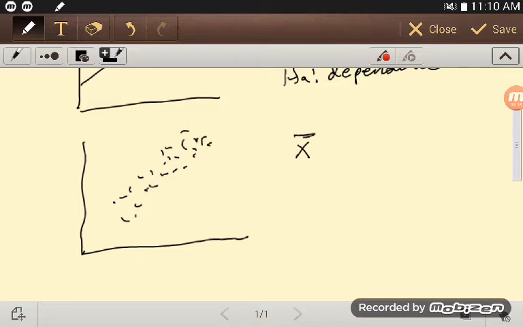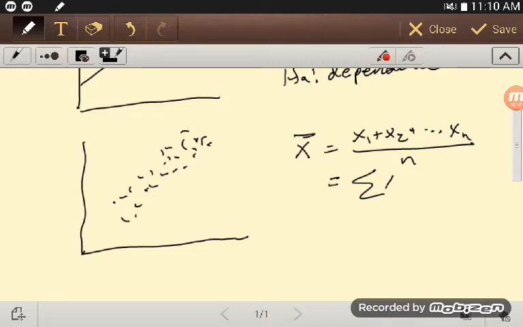So that's going to be x1 plus x2 plus up to xn for how many I have, divided by n. Or another way to write that is to use a summation. That's an uppercase sigma. So that just means add up all these things that you see, and we'll probably say xi, and then divide everything by n.